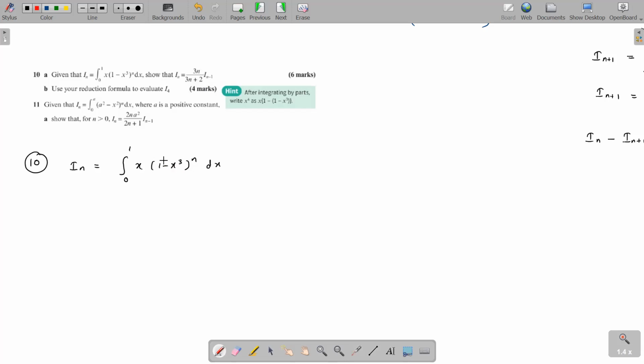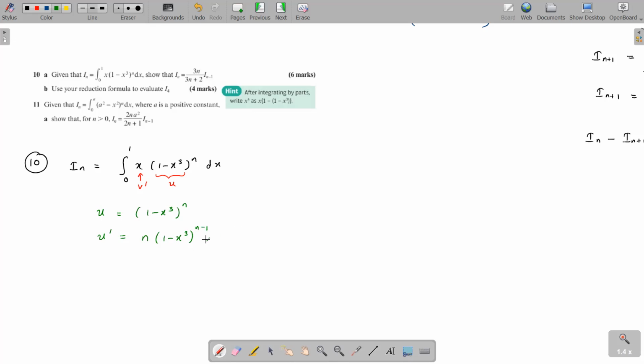So definitely the part with the power n, which becomes n minus 1, that must be the u. And this must be v dash. So I get here u equals 1 minus x cubed to the power n. When I take u dash, differentiating, n times 1 minus x cubed to the power n minus 1. First priority for the power.